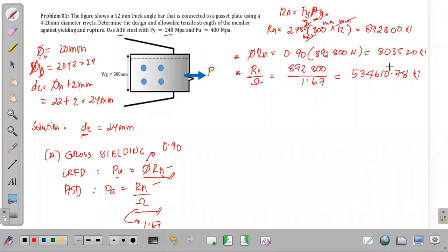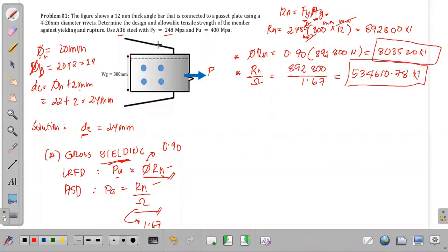Okay? So ito na yung magiging sagot natin sa design and allowable tensile strength of the member against yielding. So yielding lang ito, gross yielding. So ito na yung magiging sagot mo for the design and ito na yung for the allowable in Newton.